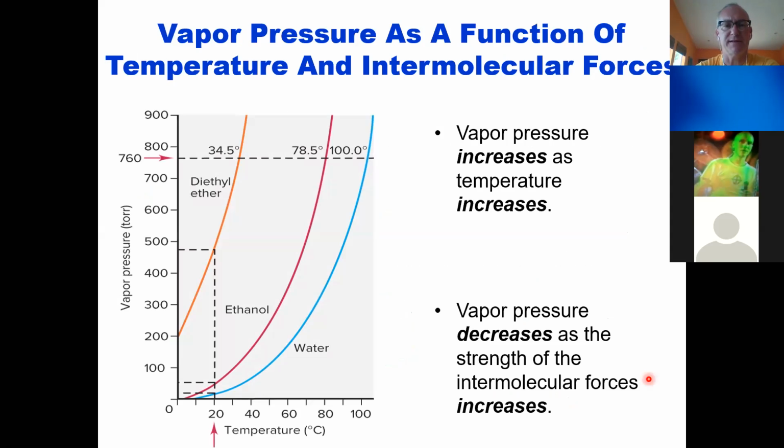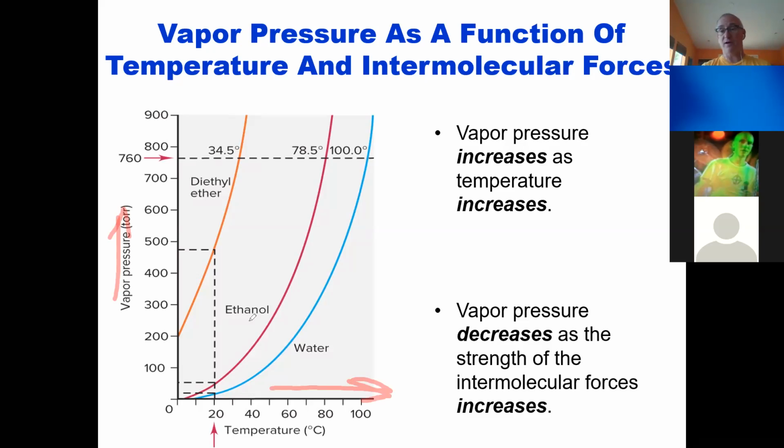So let's look at this. I'll just show you three different liquids and the different intermolecular forces between them. Here we've got a plot of vapor pressure going up as temperature goes up.